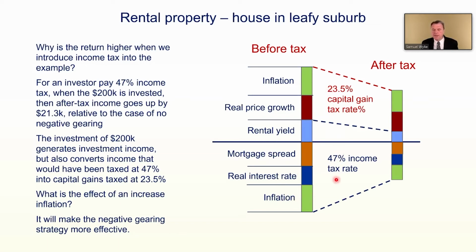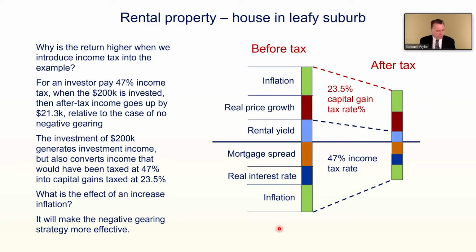So what we have to pay gets reduced by 47%, and what we receive gets reduced by 23.5%. What we need here is a strategy that turns pre-tax income into capital gains. And it's not the essence of the strategy whether the capital gains are nominal or whether they're real. That's not the essence of it. The essence is turning pre-tax income into capital gains, and inflation gives us the capital gains.